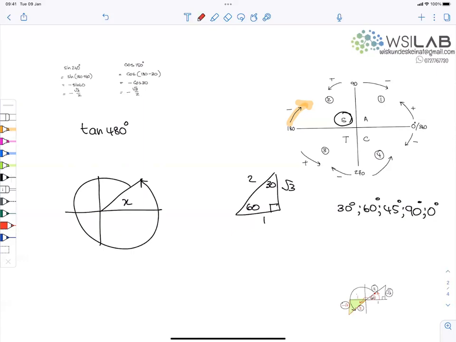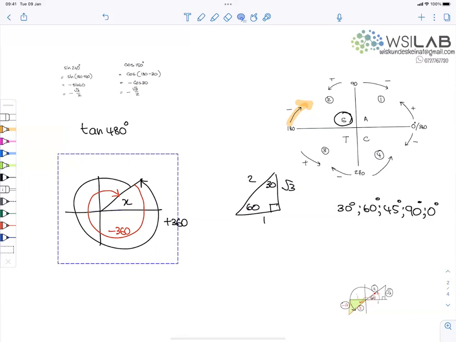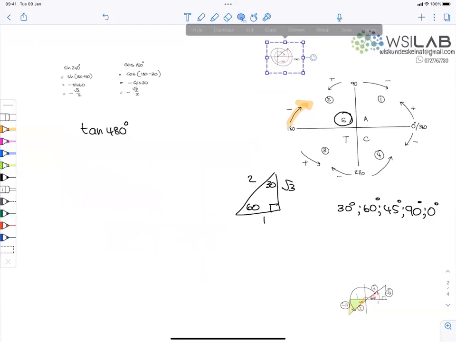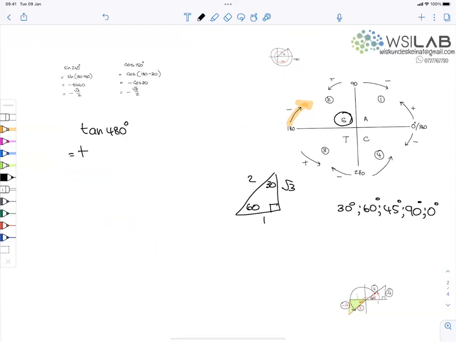If I subtract 360 degrees, or add 360, I end up exactly where I was. Why? Because I just added one full circle. So I'm allowed to add and subtract 360 degrees whenever I want to. So I'm going to make that angle smaller by just subtracting 360. Then I get 120. So I'm not even going to show what I've done. I'm just going to subtract or add 360 degrees whenever I want to.